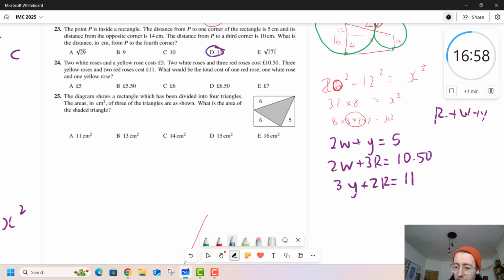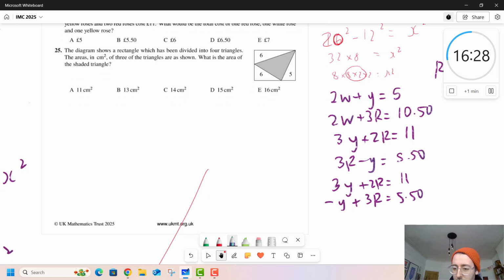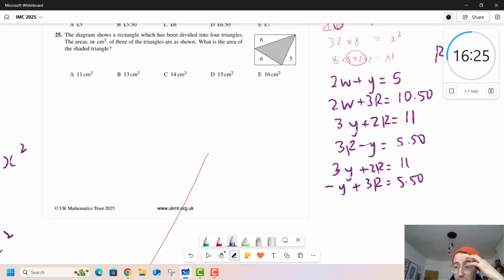If I just subtract these, I get 3R minus Y equals £5.50. So that's just half of that. 3y plus 2r equals 11, when I'm trying to find, and then minus y plus 3r equals £5.50. There's something about those being half of it. But whatever, let's just do it the boring way.